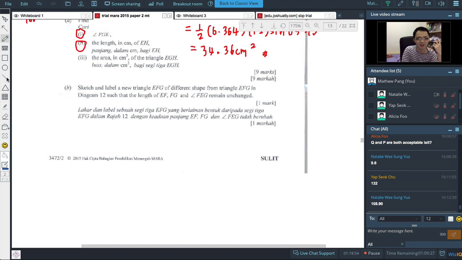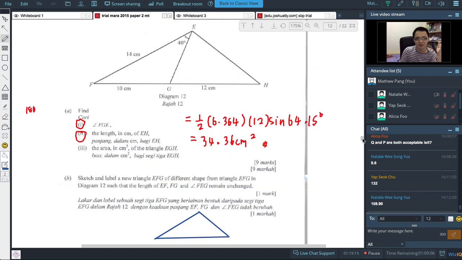Okay, let me sketch it. Yep, this is a new triangle. It's just one mark, but make sure you label it carefully. Sketch and label, yes, you will need to label it.